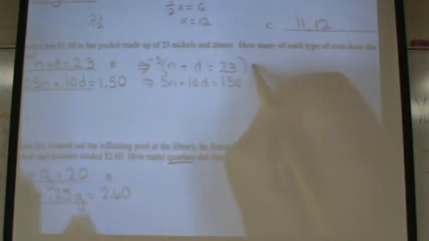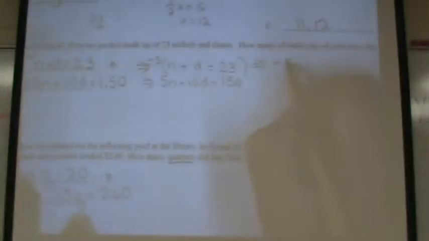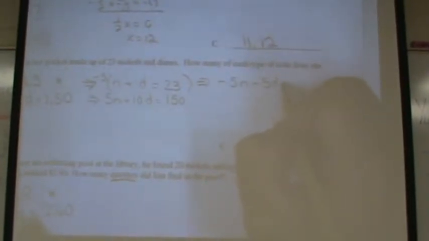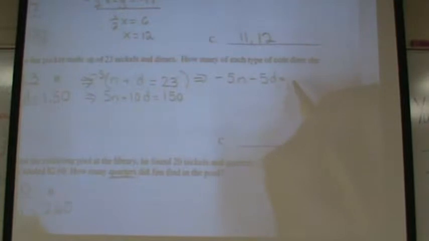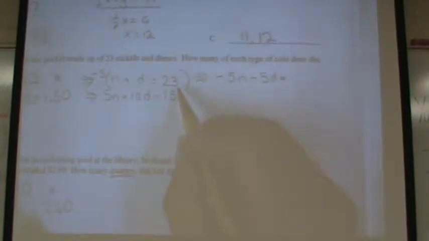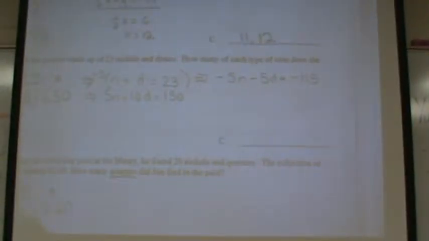Then I would multiply this top equation by negative 5. And you get negative 5n minus 5d equals 23 times 5, which is 115. And keep this bottom one the same.